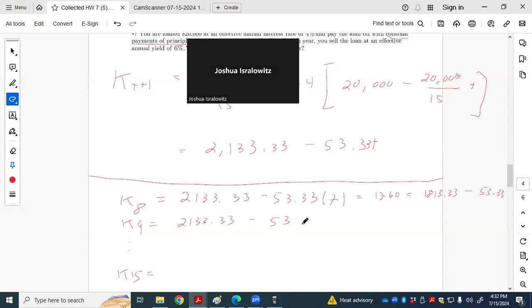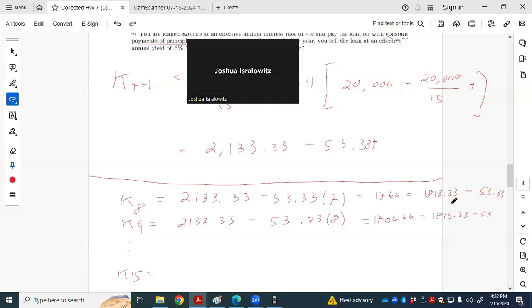But of course, we're just subtracting off another 53.33 because now it's t equals 8. So it's 1706.66. So it's this minus 53.33 times 2.